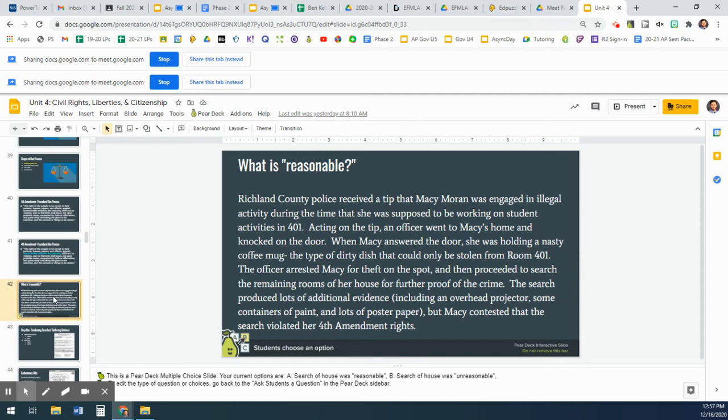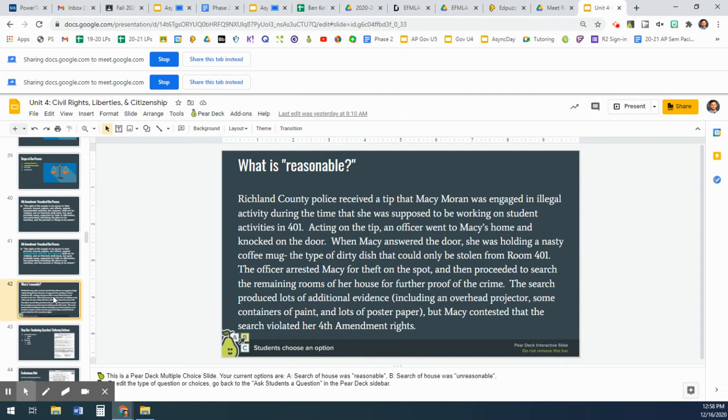When Macy answered the door, she was holding a nasty coffee mug, the type of dirty dish that could only have been stolen from room 401. The officer arrested Macy for theft on the spot and then proceeded to search the remaining rooms of her house for further proof of the crime. The search produced lots of additional evidence, including an overhead projector, some containers of paint, and lots of poster paper. But Macy contested that the search violated her Fourth Amendment rights. So was this reasonable?